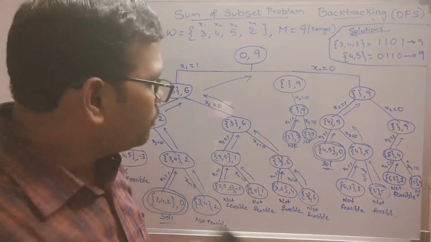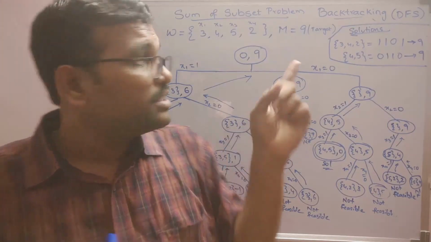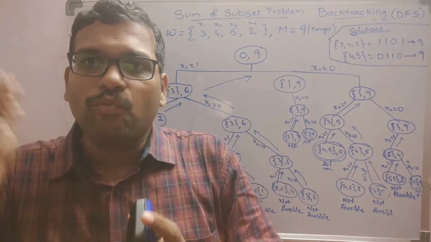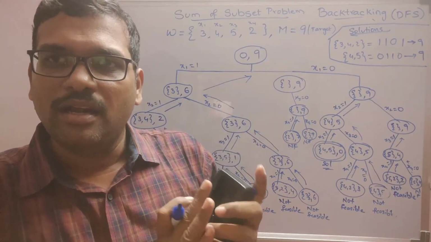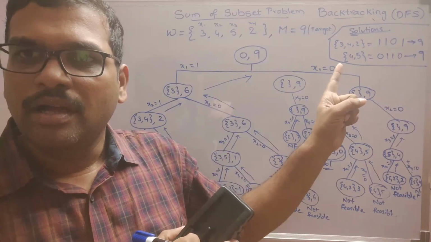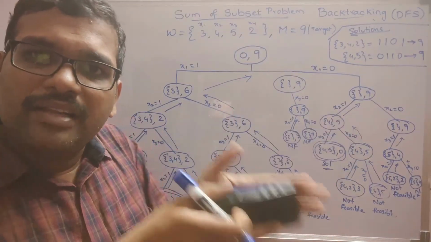Right? So what we are doing is, first we start with an empty set. We add one element to the empty set, and we check whether the sum of the subset is equal to the target sum. If it is less than the target, it can be further evaluated.